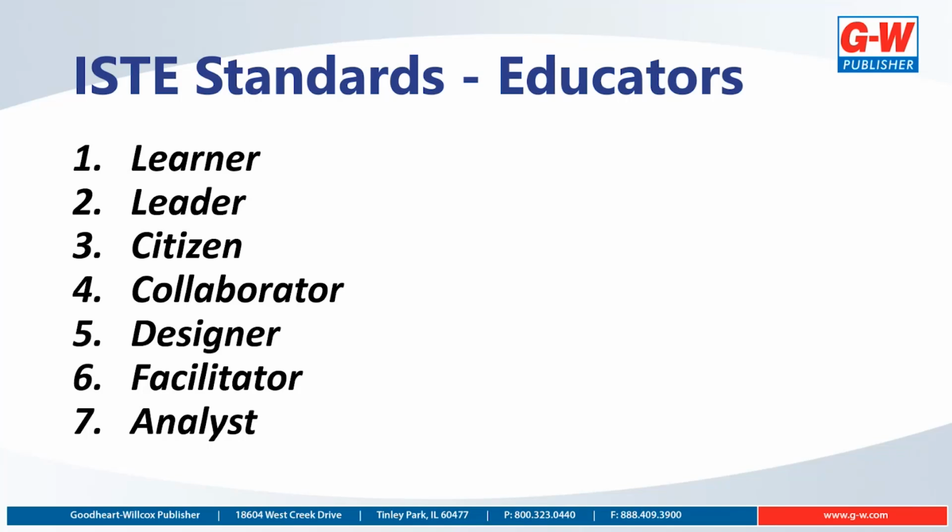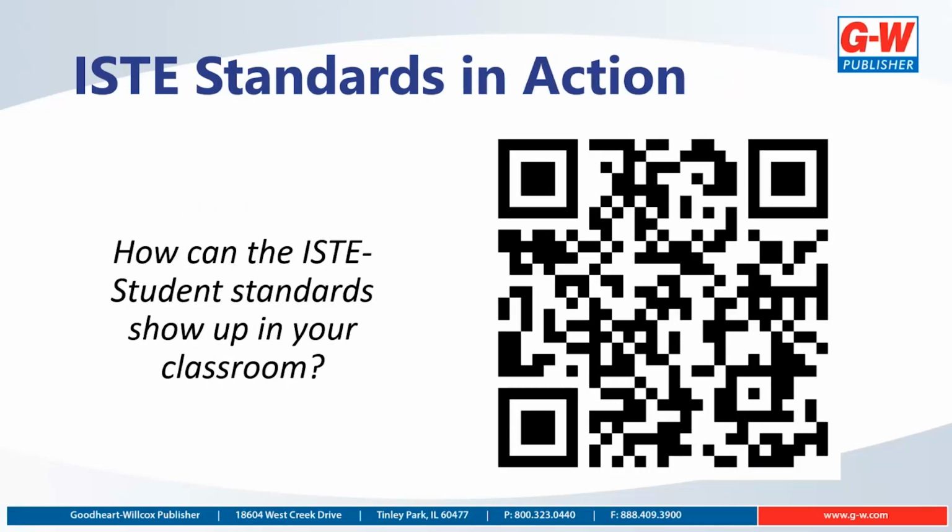Okay, let's think about this and collaborate together to think about it in terms of our own classroom. So grab that trusty smart device, open the camera app, and scan the QR code on the slide. When you do that, it's going to take you to a Padlet. Padlet is a free ed tech tool.